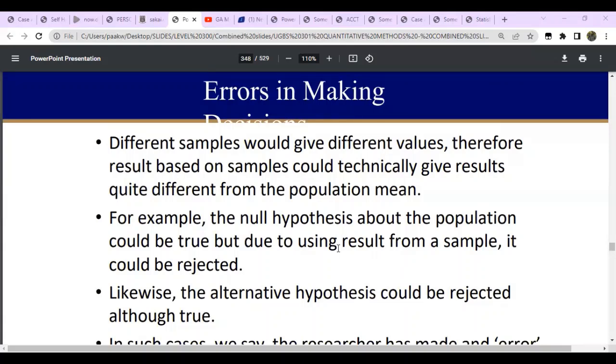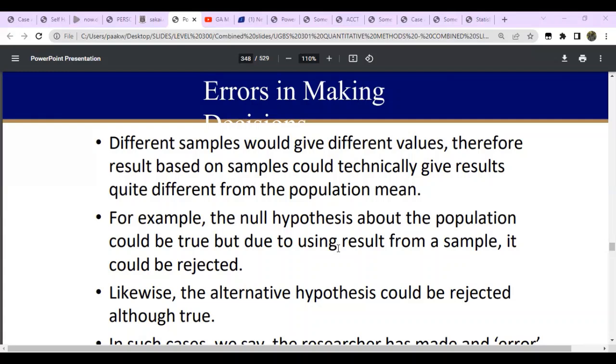Instead of rejecting the HO, you accepted it, or instead of accepting the HO, you rejected it. These are the two types of error that you can make.